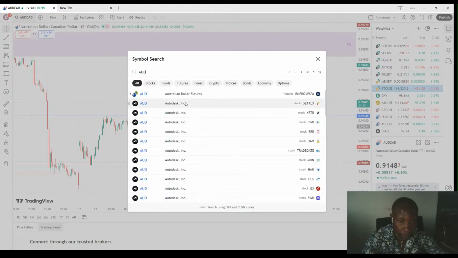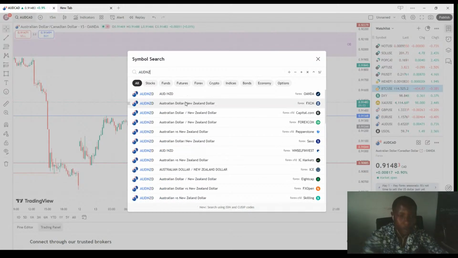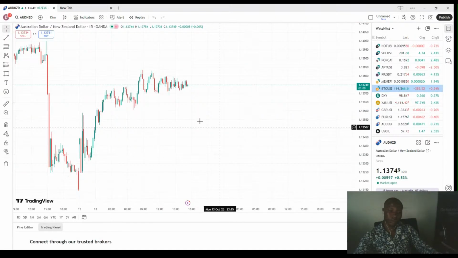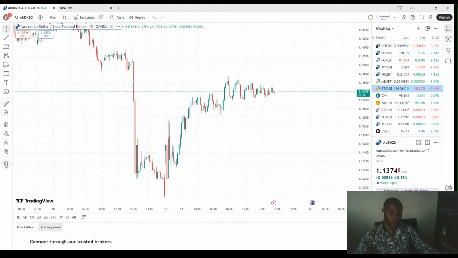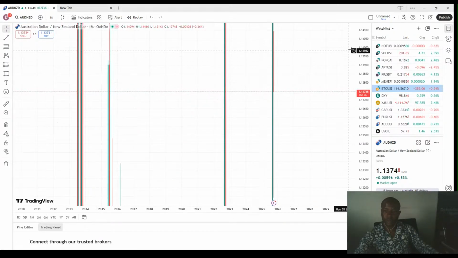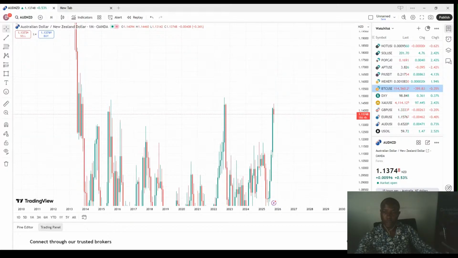AUD NZD. Let's see. We'll go to the monthly as always to see what is happening.